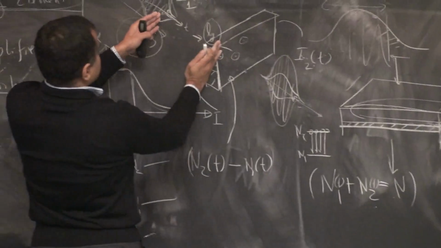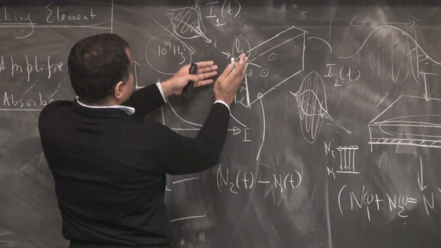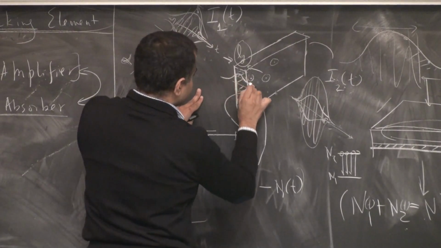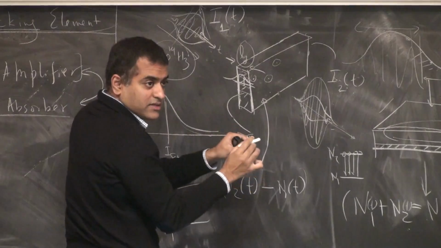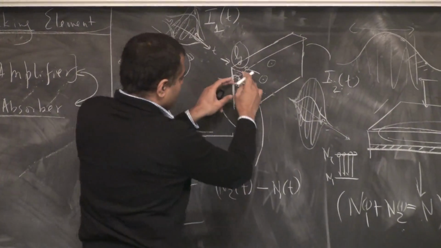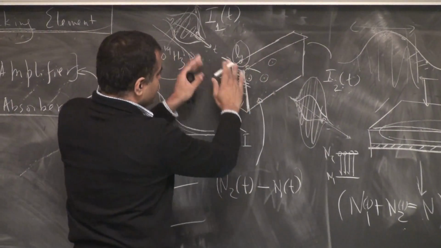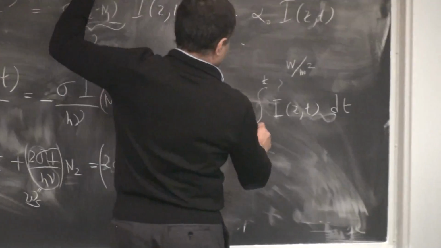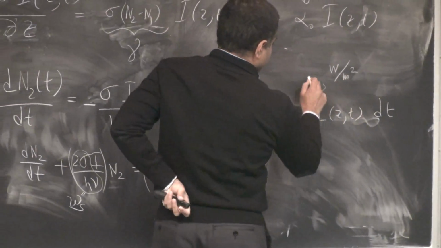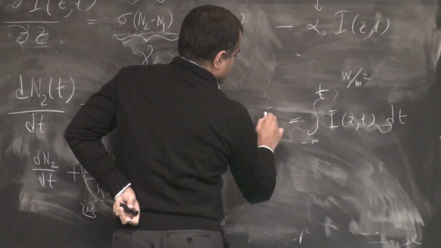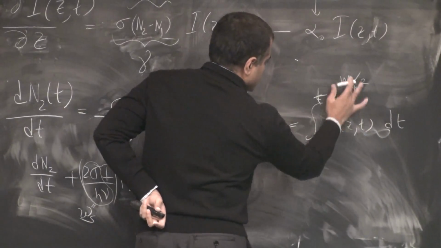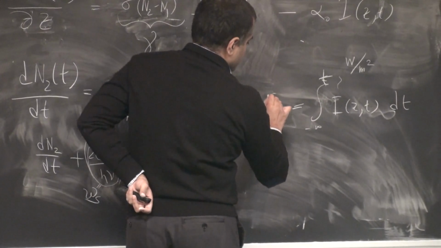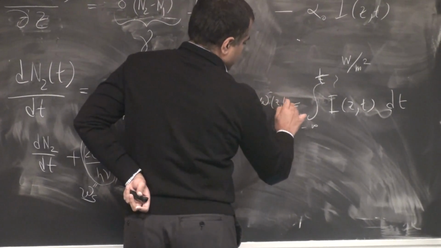I'm sitting here, t equal to minus infinity effectively means before the pulse has arrived, and t is when the pulse is inside here at some point t, right? I want to see how the saturable absorber is affecting the pulse as it goes through. So I start integrating from way behind, before the pulse arrived, till a certain time t. So I think you can see now physically, if this is watts per meter square, you integrate, this is what we're going to define as W of z comma t.